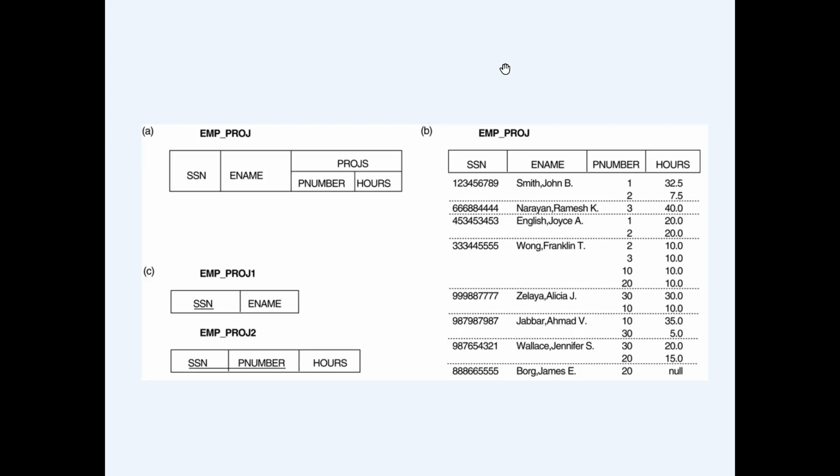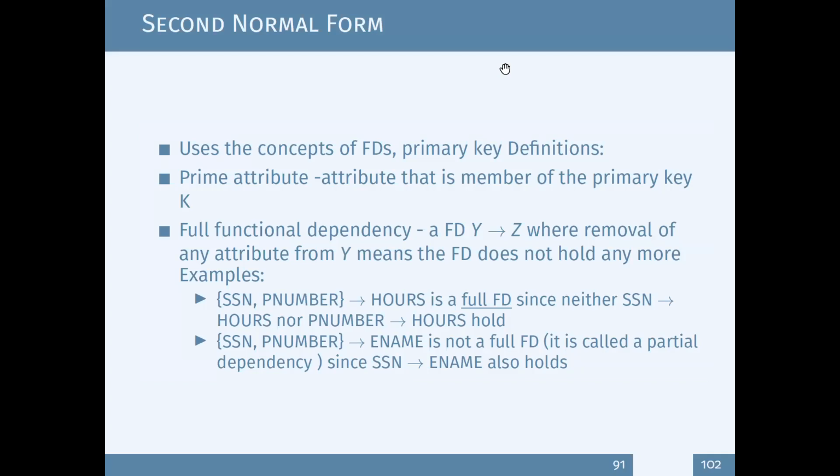Right. Now let's move on to second normal form as well. In second normal form, we are going to talk about the functional dependencies that we discussed earlier. The second normal form says that all the non-prime attributes, where non-prime means all the attributes which do not belong to any candidate key, should be fully dependent on the primary key.